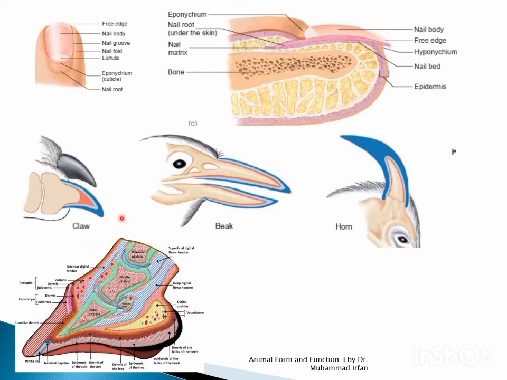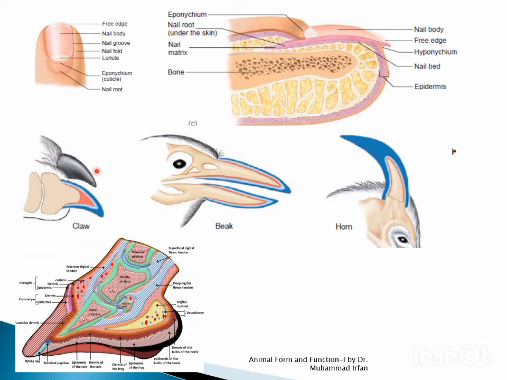So the claws, hooves and hair may grow at some instances and then stop and then restart their growth. The claws found in birds of prey, that are the birds that hunt, like eagles and kites, are called talons.